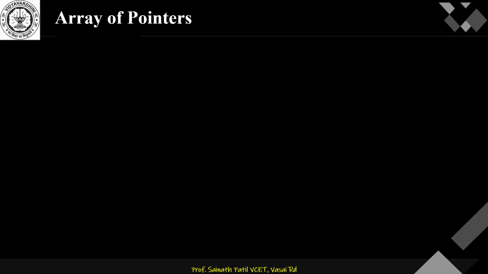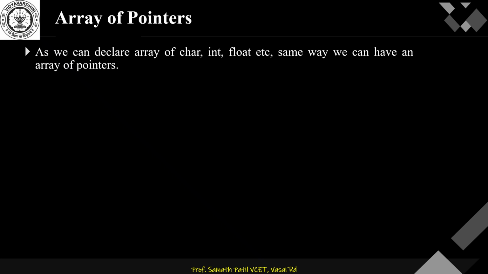Now we will see array of pointers. As we can declare an array of character, integer, float, in the same way we can have an array of pointers. That means suppose we declare 5 pointers that point to 5 different integer elements.